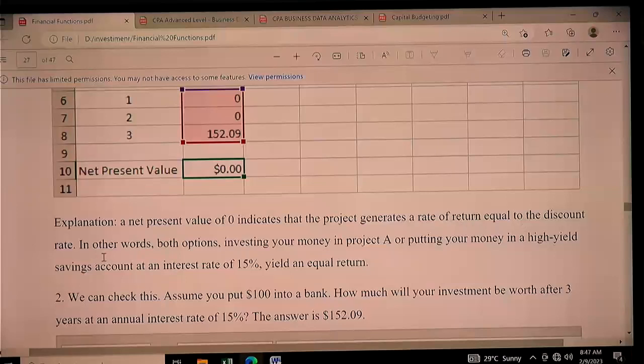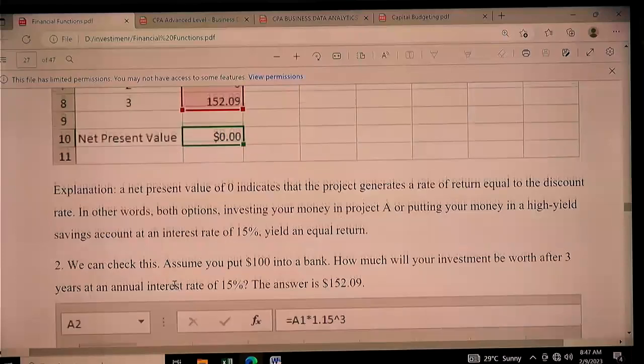In other words, both options, investing your money in project A and putting the money in another savings account at the same interest, are equal. That's simply what it means.